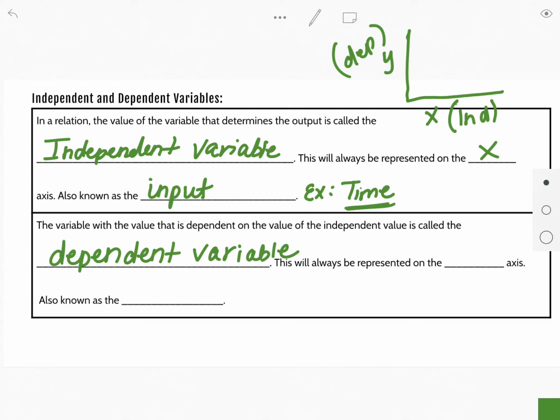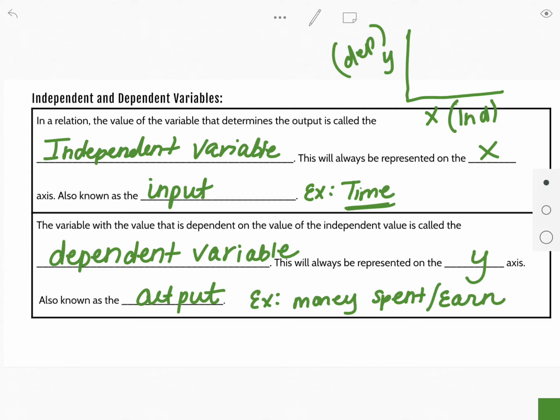This is always going to be on your y-axis, and it's also known as your output. Examples of things that you're going to see commonly when we make our graphs that we're going to put on the y-axis: money. Whether you're spending money or you're making money, money is usually dependent, usually. Another really good example is distance traveled.